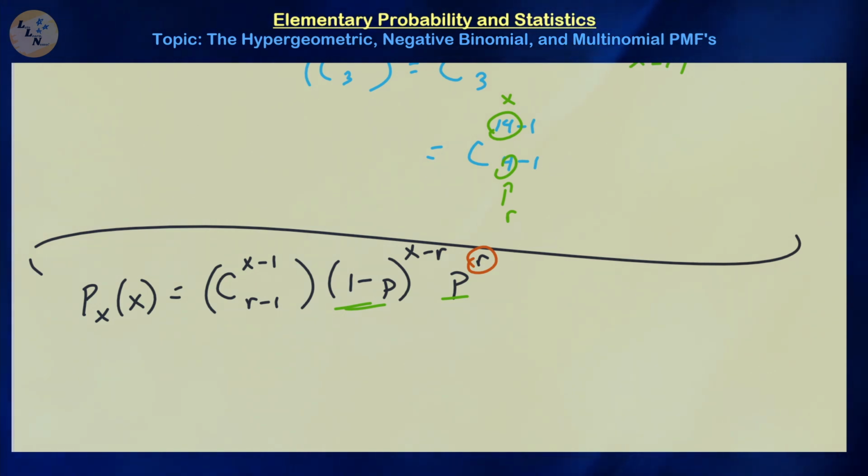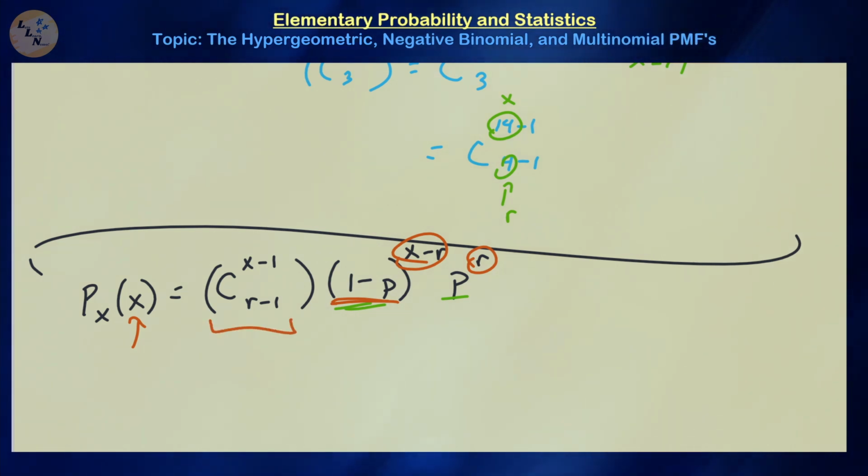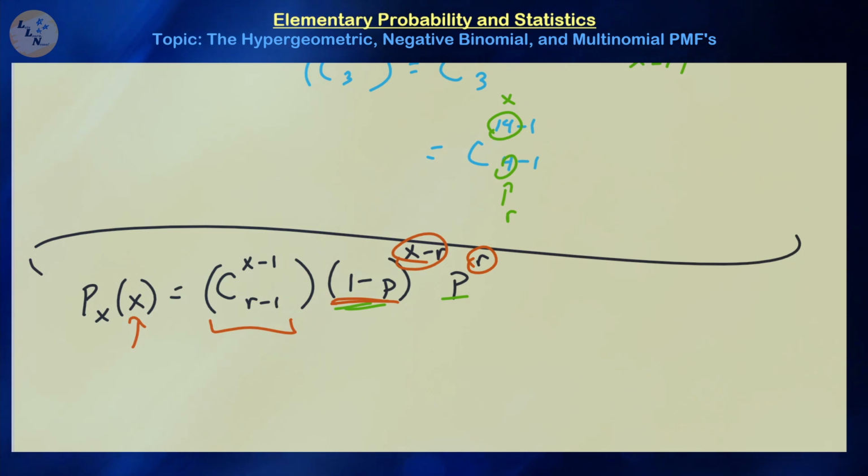If we have r successes and x trials, that means x minus r of them are failures. And C(x minus 1, r minus 1) is the rearrangements of all the values preceding the last success. That means x minus 1 values there, where r minus 1 of them are successes, right? Because the last success is hanging out on the very end.